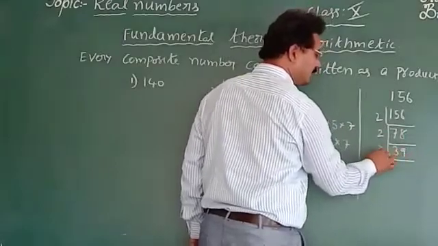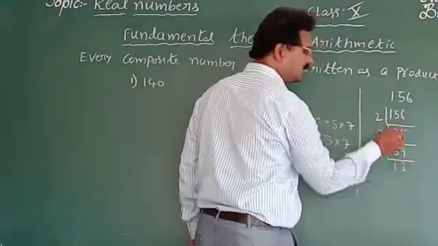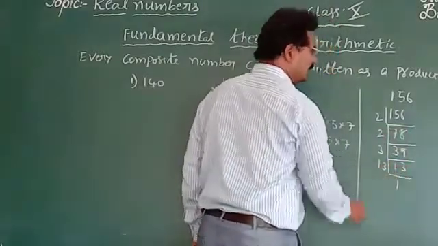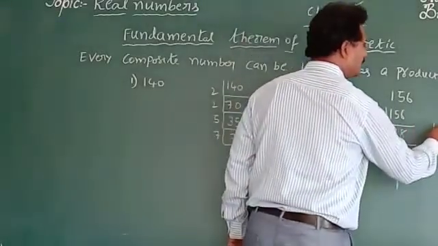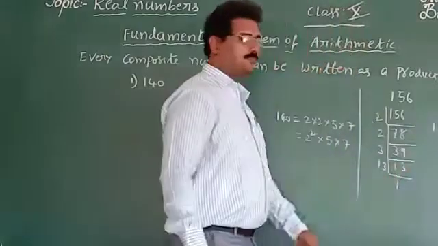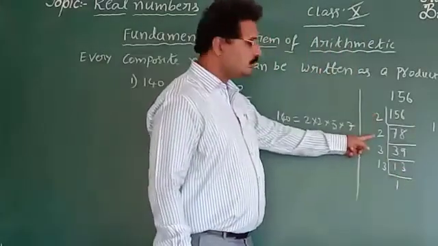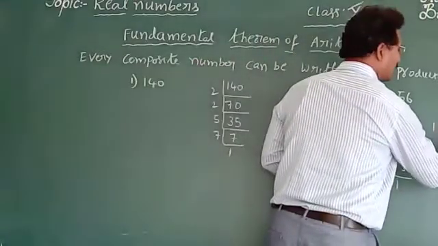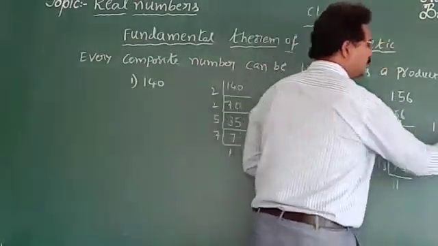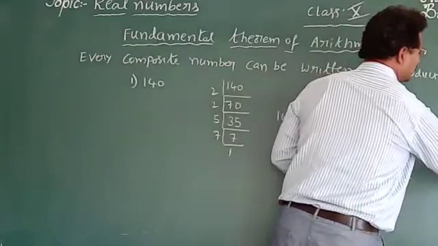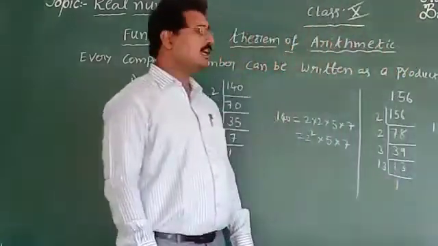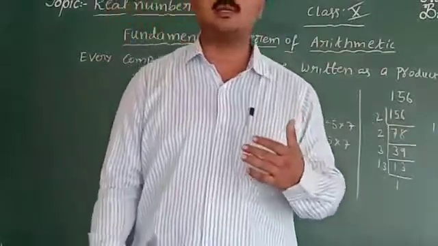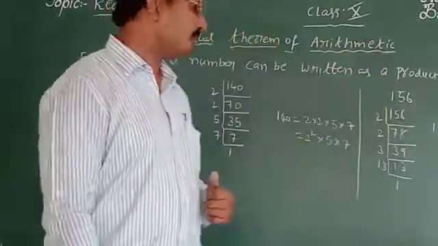Next, go for 3: 3 1s are 3, 3 3s are 9. Again, 13 1s are 13. Therefore, 156 can be written as 2 into 2 into 3 into 13, that is 2 square into 3 into 13. So this is the way to write the product of prime factors.